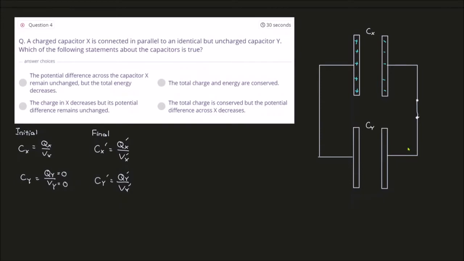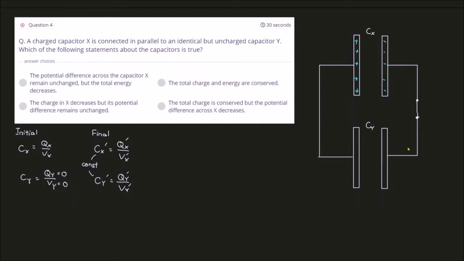So Cx and Cy should both be the same as the initial condition. Both should be constant, because you are not changing the dimensions of the capacitor, you're not changing the area, you're not changing the distance of separation, you're not adding dielectrics or changing dielectrics. So the capacitance should be kept constant.